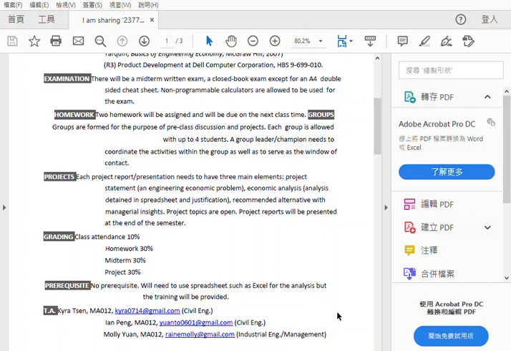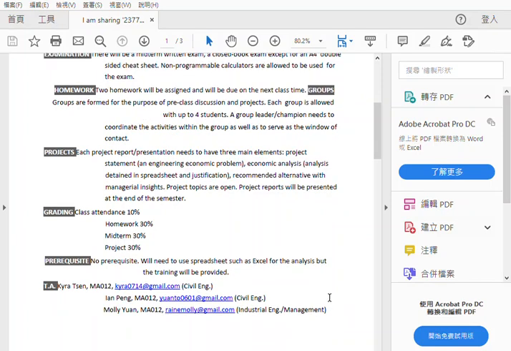And the grading will be based on these 4 parts: class attendance, homework, midterm exam, and project. For the project, if you spend enough time working on it, I think it's quite safe. Homework, you can also discuss among yourselves.